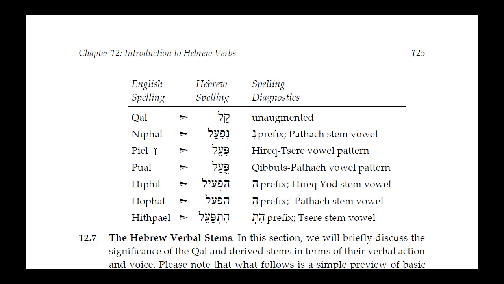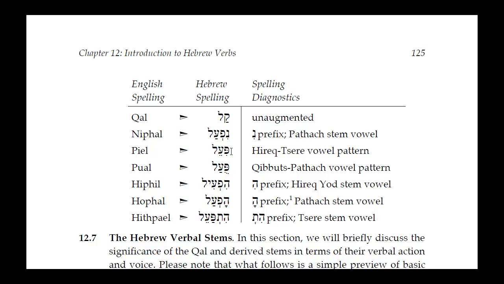In the Piel stem, we have the root pei, ayin, lamed, but the difference is you have the hireq under the first consonant and the tsere under the stem vowel.